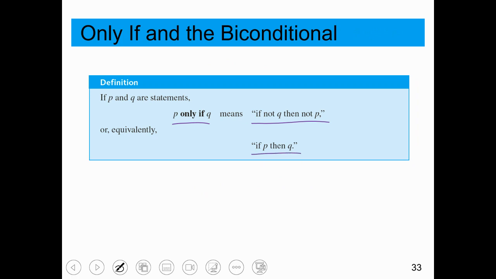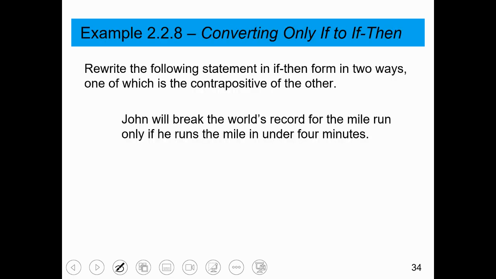So you really have to kind of think about that with an example for that to really process, because that might not seem logical until you use a specific example. So here it says, John will break the world's record for the mile run only if he runs the mile in under 4 minutes. So think about that.